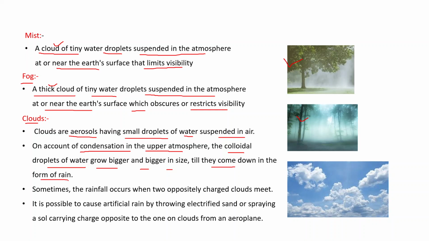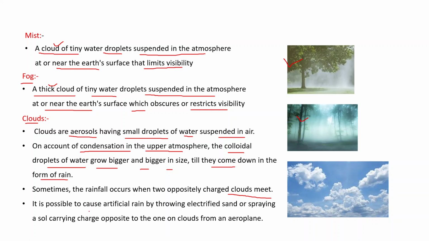Sometimes rainfall occurs when two oppositely charged clouds meet, because a cloud is a colloid carrying a charge. If two oppositely charged clouds meet, then rain will occur.